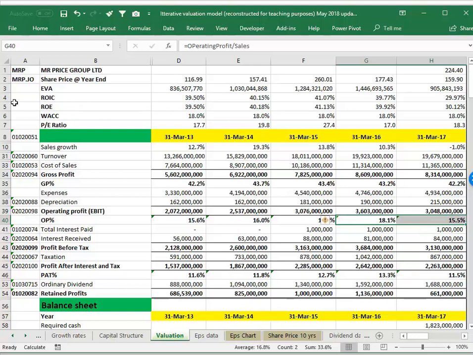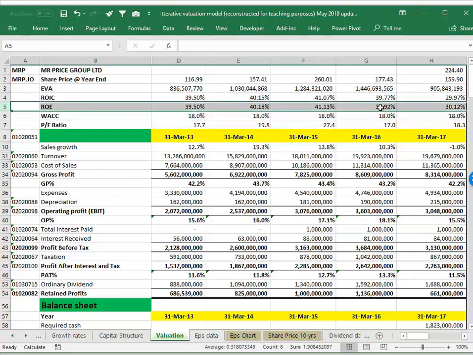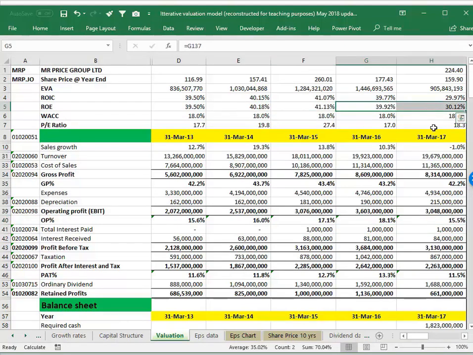We can say the same for the return on equity, where this number has declined by approximately 9% over those 2 years, and that will be driven by this decline in the profit after tax percentage. So if you recall, the return on equity was a measure of profitability times activity times leverage.